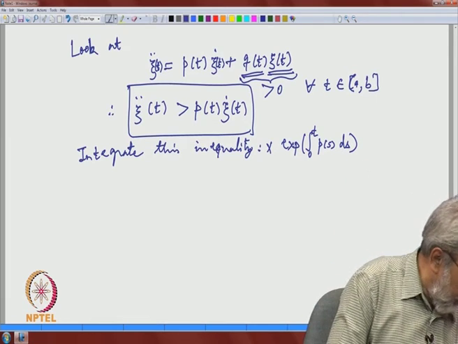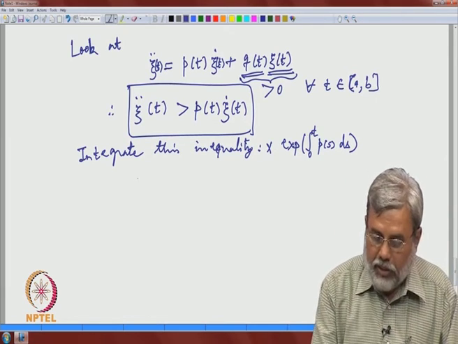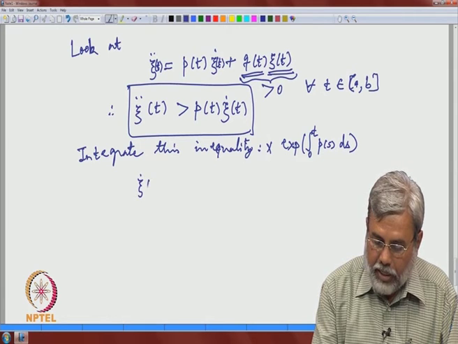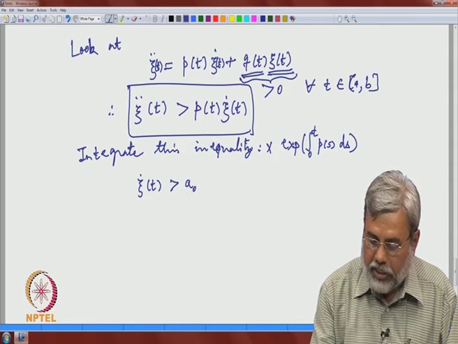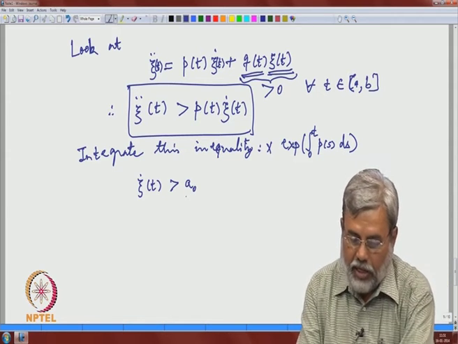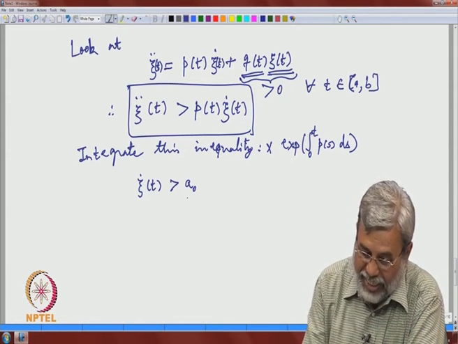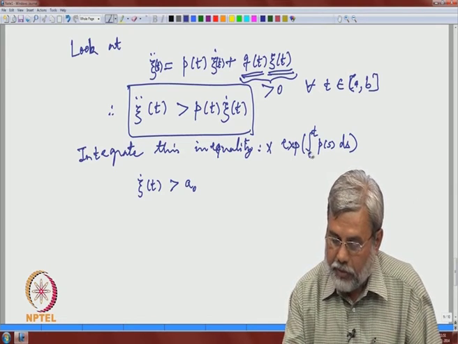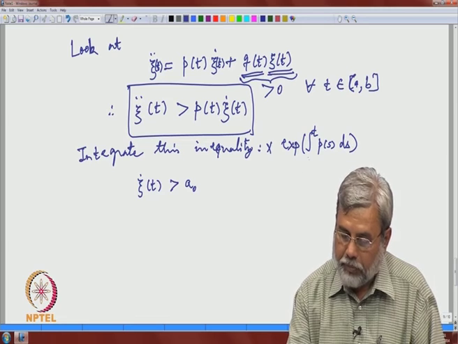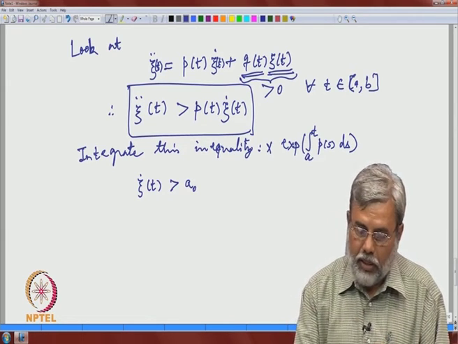So, what you obtain is J dot t is bigger than A0. This is coming from the condition J dot A equal to A0, here A. So, our point is A. Okay.